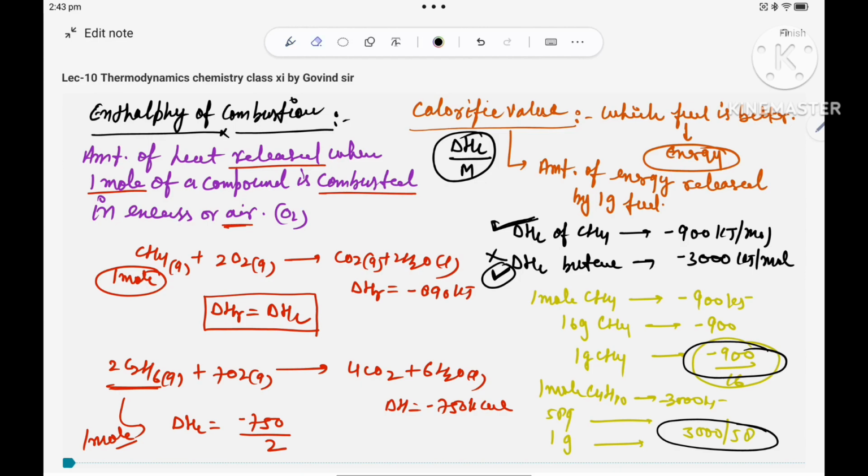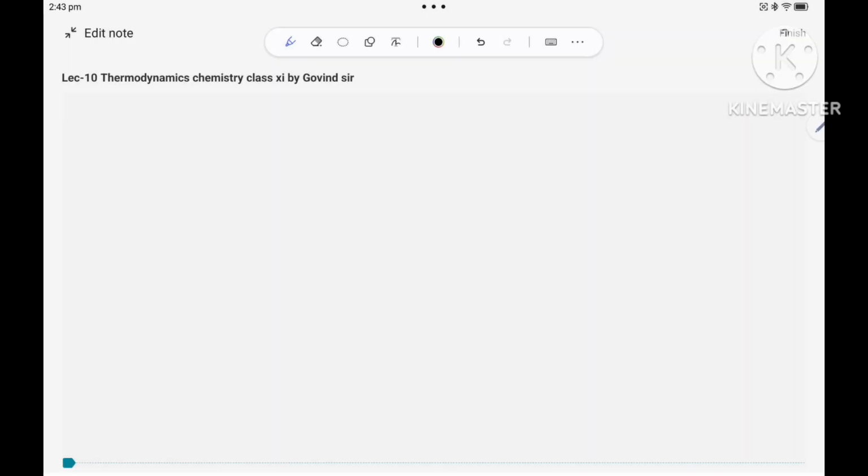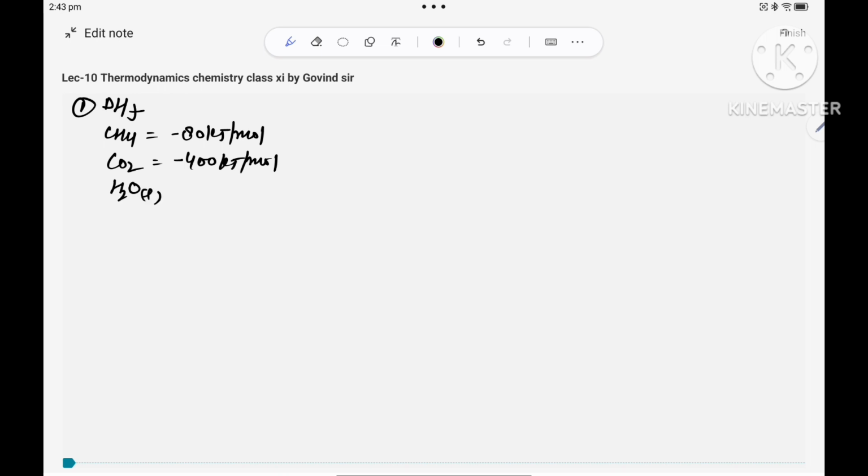So, a question to practice. Enthalpy of formation: CH4 is minus 80 kilojoule per mole, CO2 is minus 400 kilojoule per mole, H2O liquid, the remaining are gases, is minus 300 kilojoule per mole.